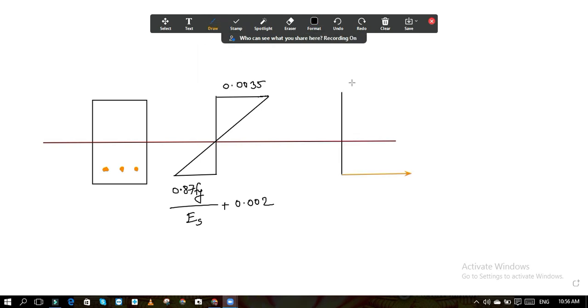If you draw the diagram, this is the stress 0.446 fck. Then it is a straight line up to the strain of 0.002, and from there onwards it is parabolic. It is like this.